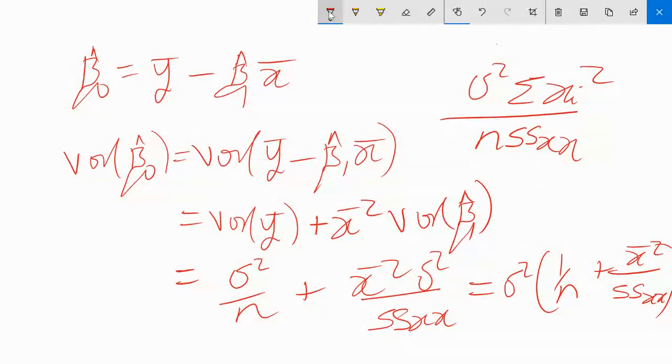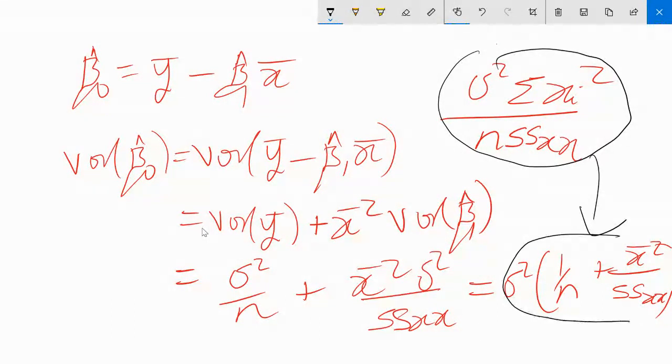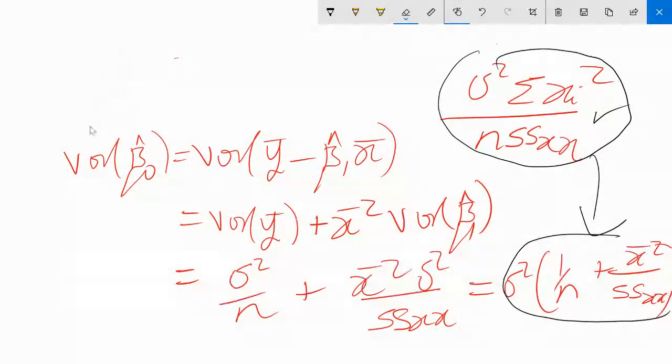So if you simplify this, I will just give you the hints. Let me use a different color here. This is equal to this. If you simplify this further, it will take you to this. Let me write the first step here, and you will finish it, because it's not important.